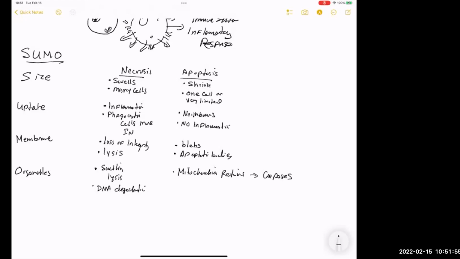And you have a very orderly breakdown of cellular DNA. All right. So that's sumo, just kind of thinking about comparing and contrasting apoptosis and necrosis. All right.